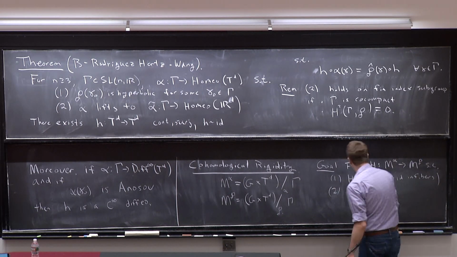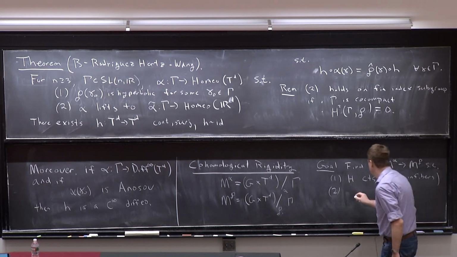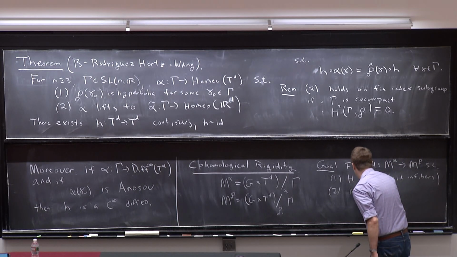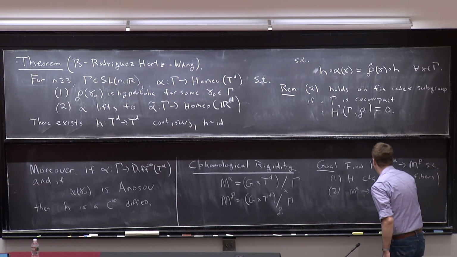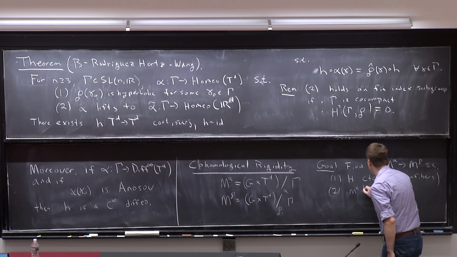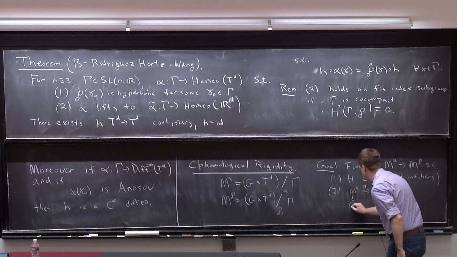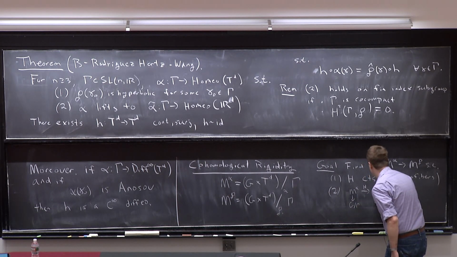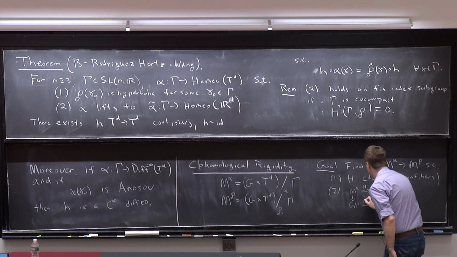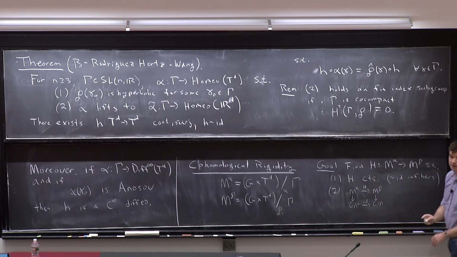Two, I want H to factor over the identity. So if I have here M alpha to M rho, and here's my H, well, these guys both factor over G mod gamma, and I'd like my H to factor over the identity.